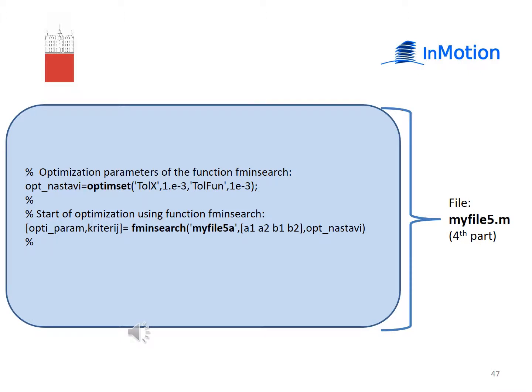The input parameters to the fminsearch function are in this case myfile5a, which is the name of the criterion function, initial values of the parameters, and defined optimization parameters. The outputs are optimized parameters and the corresponding value of the criterion function.